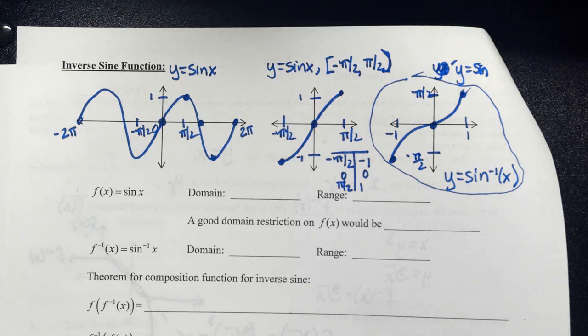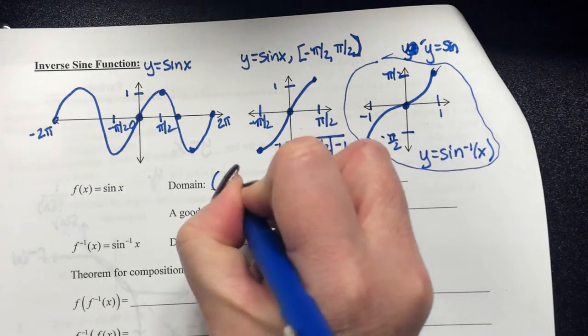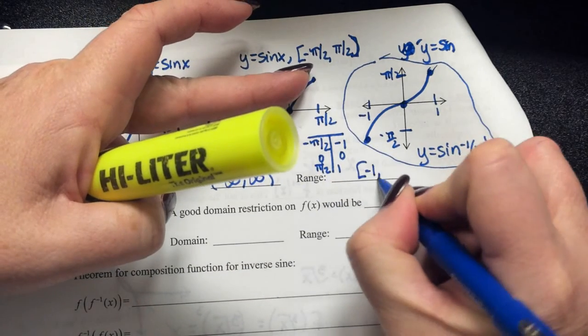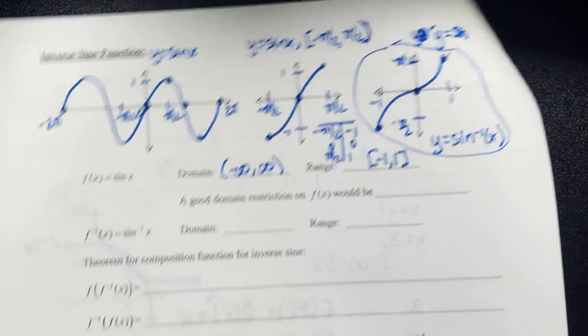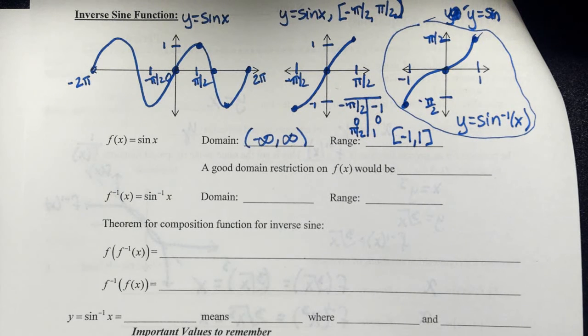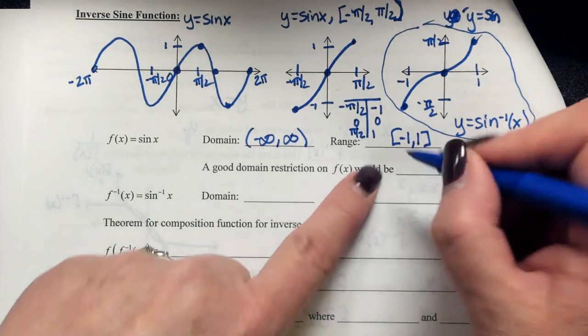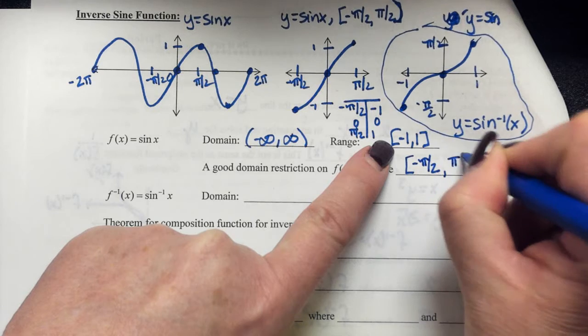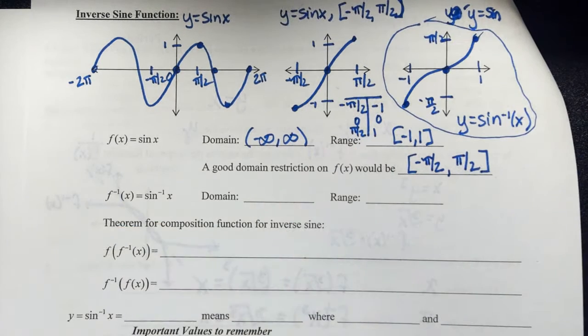Remember, sine of x has a domain of all real numbers. The range goes from -1 to 1. So for the parent function for sine of x, the domain was all real numbers and the range is -1 to 1. The domain restriction, to force it to be 1 to 1, is going to go from -pi/2 to pi/2.